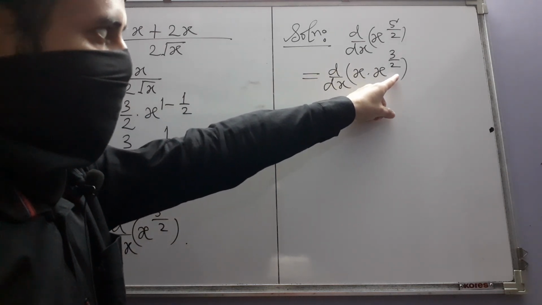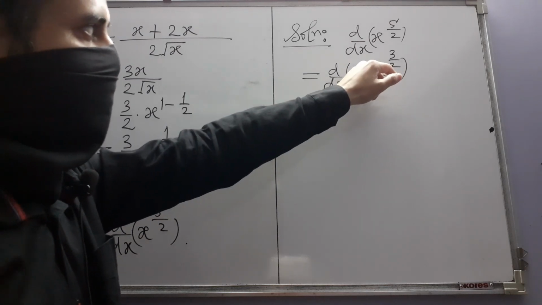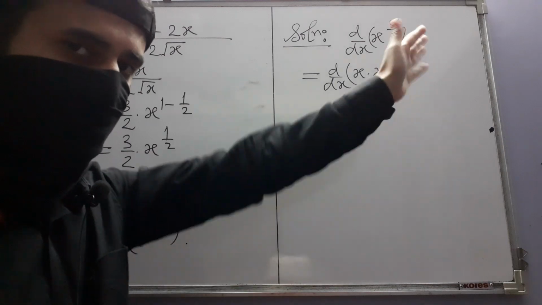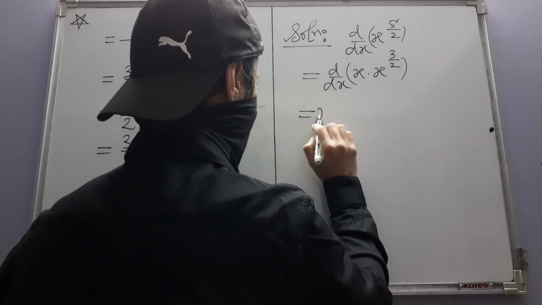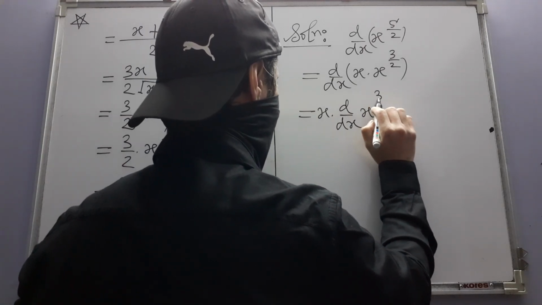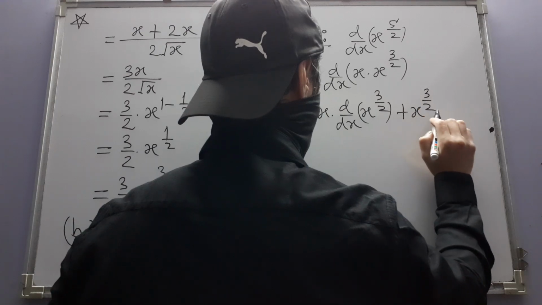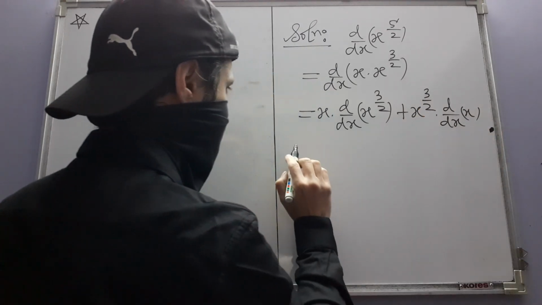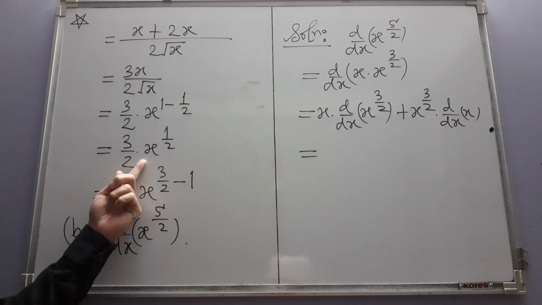Is it really this product? When you apply the rules of exponent here, you get 1 plus 3 over 2 as exponent, which is really 5 over 2. So by the product rule, x times d/dx of x to the power 3 over 2 plus this times d/dx of x. Now this we have already calculated here, and let's use this one.